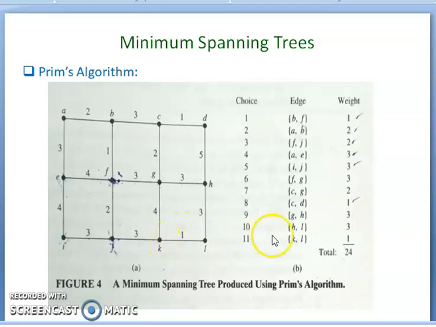You consider this value, LK is 1. So here what is the path here? 1, 2, 3, 4. You consider all these edges. 1, 2, 3, 4, 5 and GF is there. This one. 6, 7, 8, 9, 10, 11. 11 edges. Total 11 and the total weight is 24.